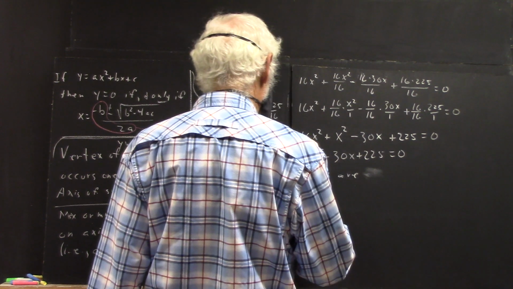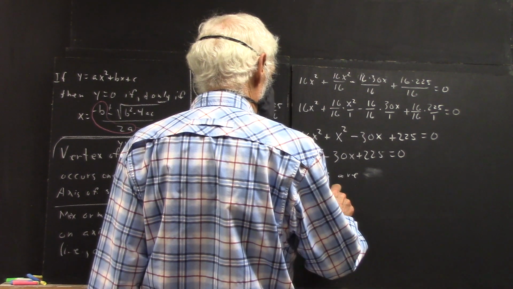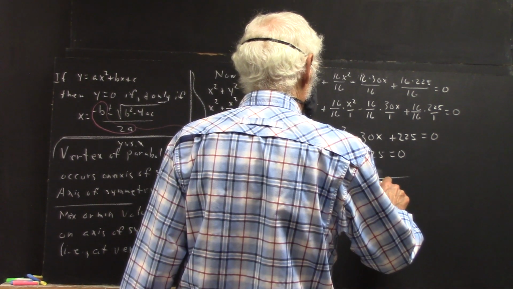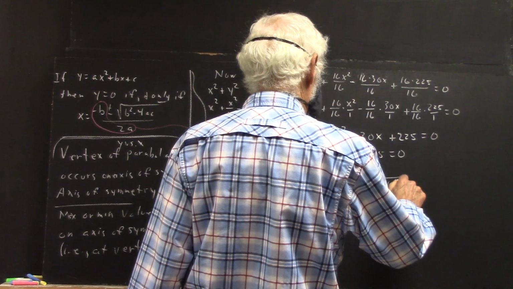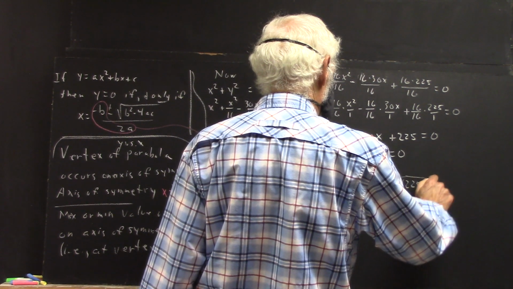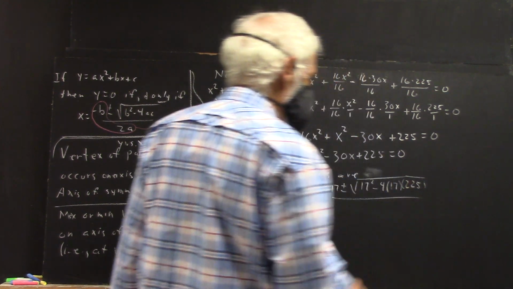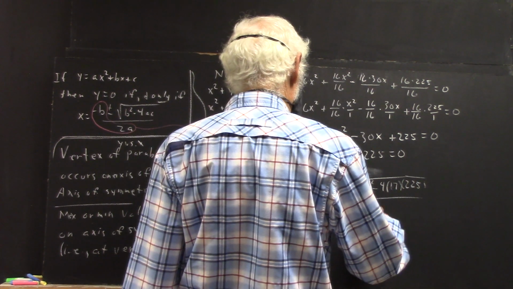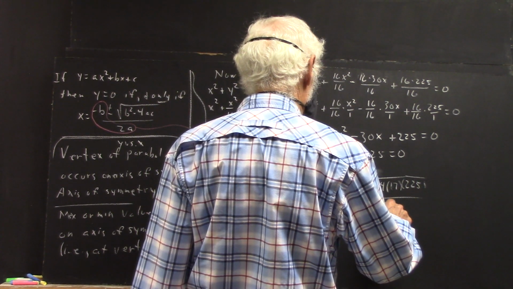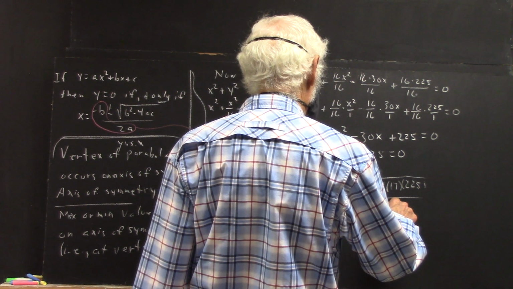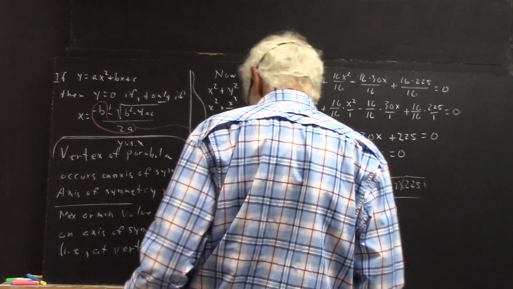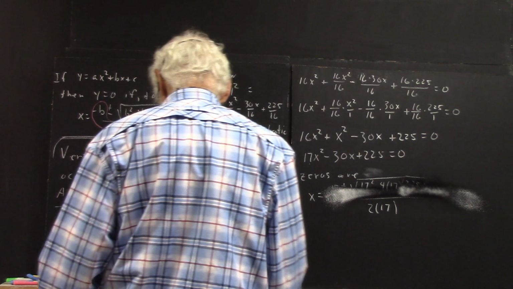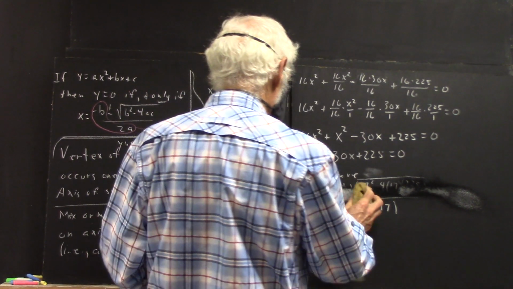I could say zeros are, because zeros are just numbers. Negative 17 plus or minus the square root of 17 squared minus 4 times 17 times 225. That isn't too bad to multiply. This 4 times 225 is 900, and you do 9 times 17. But we're not even going to mess with that. And this is over 2a, which is 2 times 17. And you know what I just did? And I've done this before. Writing this down, not looking carefully at what I'm looking at.